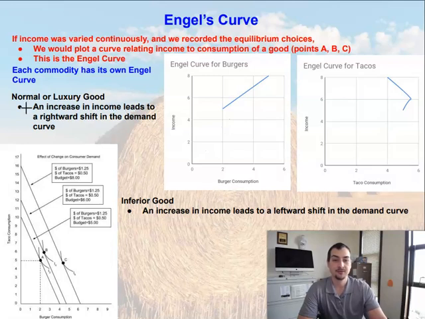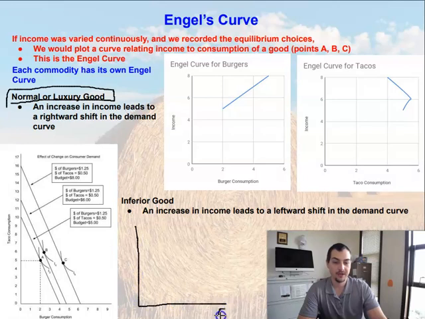Another thing to note is that whenever we're dealing with normal goods or luxury goods, an increase in income leads to a rightward shift in the demand curve. If you remember, we had our demand curve with quantity down here, price up here, and a downward sloping demand curve.